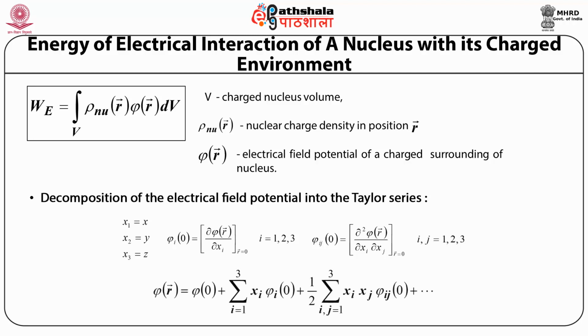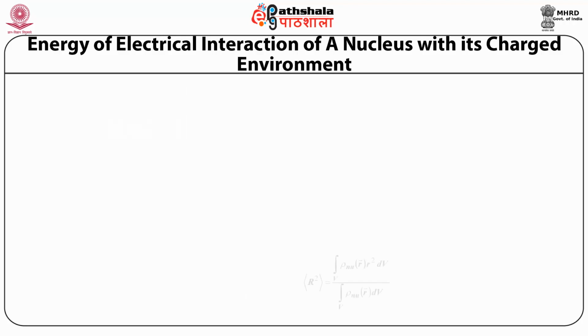Then this electric field potential consists of various components: phi 0 plus the summation over i of x_i phi_i plus half the summation over ij of x_i x_j phi_ij, and so on, by using this Taylor series.